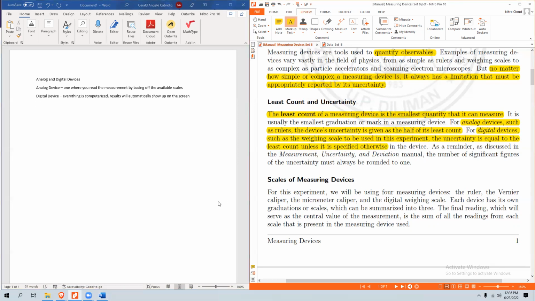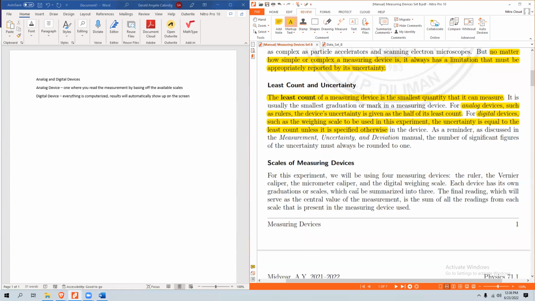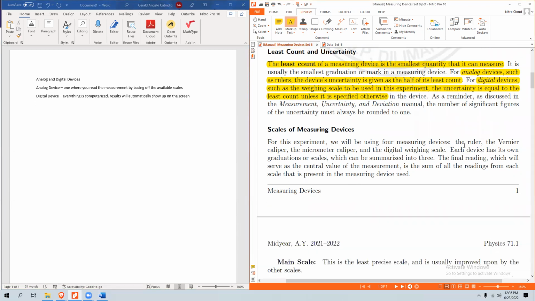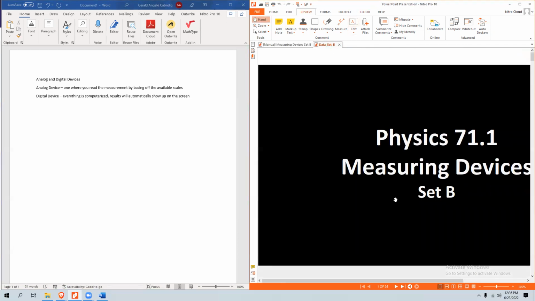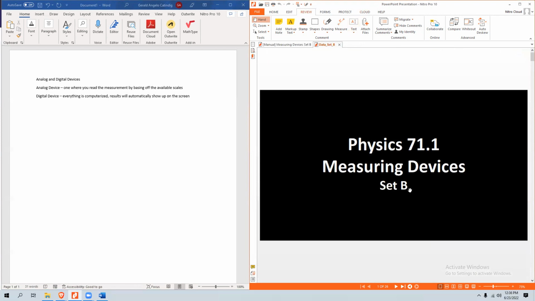So next, let's talk about the scales of measuring devices. For this experiment, we will be using four devices, which are your ruler, your Vernier caliper, the micrometer caliper, and your digital weighing scale. For reference, I will be opening your data set. This is the data set that you will be using when you do this experiment.